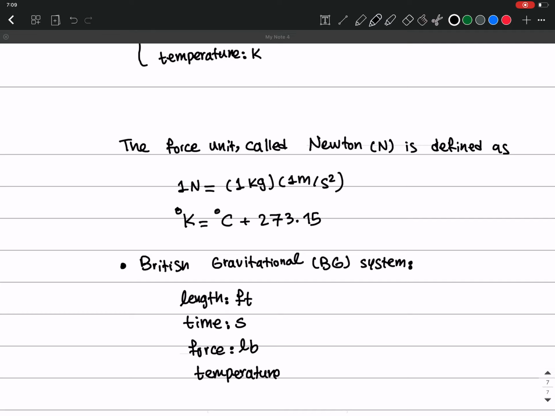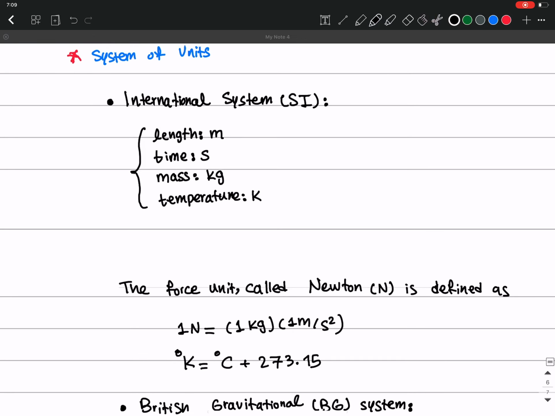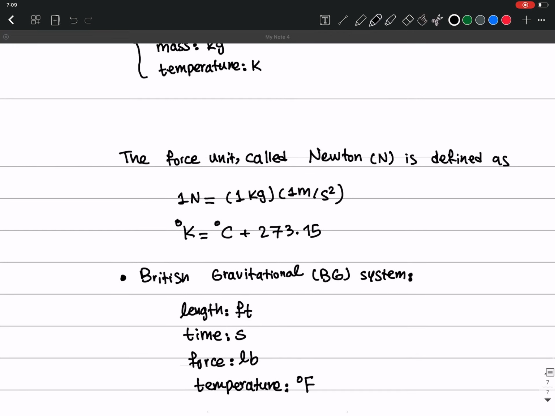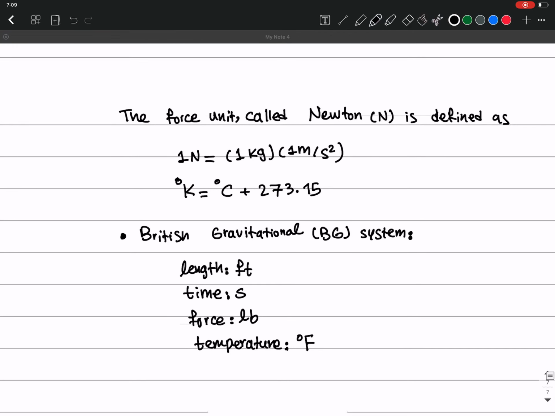This is something you hear almost every day, from all the weather news. It is Fahrenheit, right? It's mostly used in the US, but it's not the international system. And in the international system, it's Kelvin, okay?